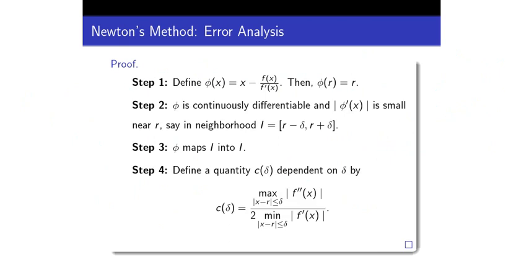So define a quantity C of delta, dependent on delta, by this. We are assuming that mod of phi dash of x is less than or equal to L. Okay, right, fine. Now, if you recall that constant C, that is 1 by 2 factorial, f second derivative at zeta n divided by f dash at eta n.